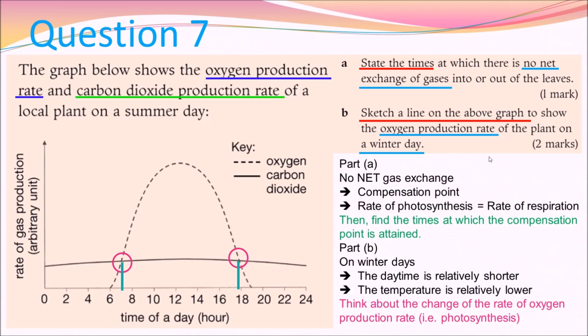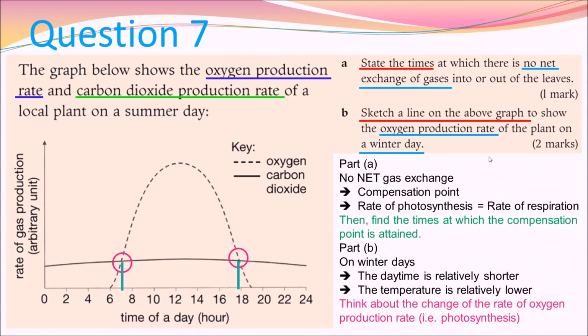In this question, it used another way to represent photosynthesis. It used the rate of oxygen production, but actually it means photosynthesis. So copy this graph and sketch another line. Sketching means you do not have the data at all.